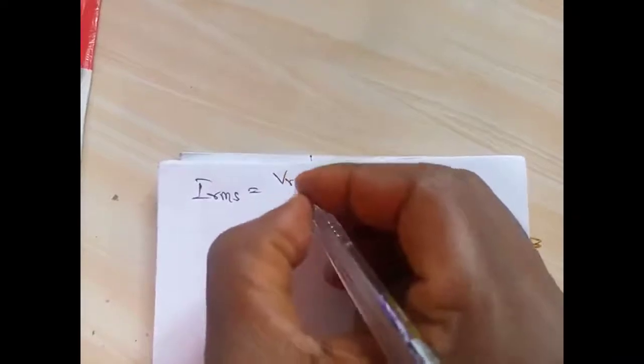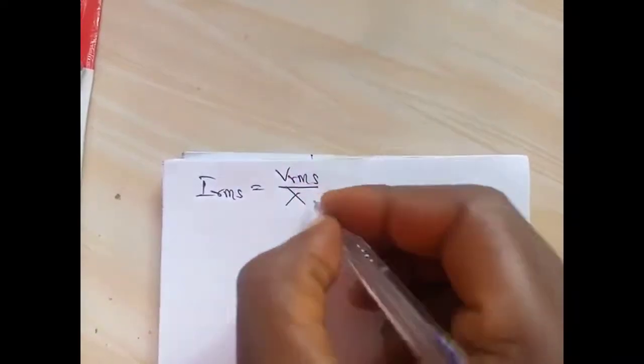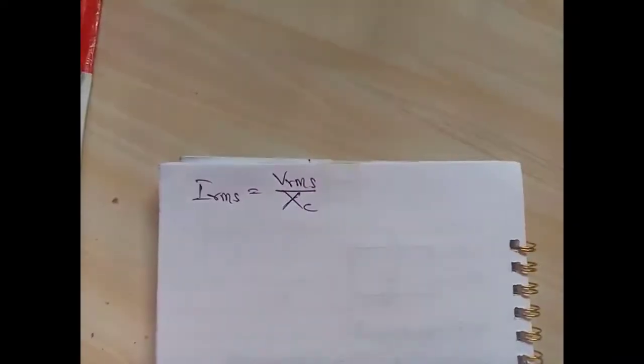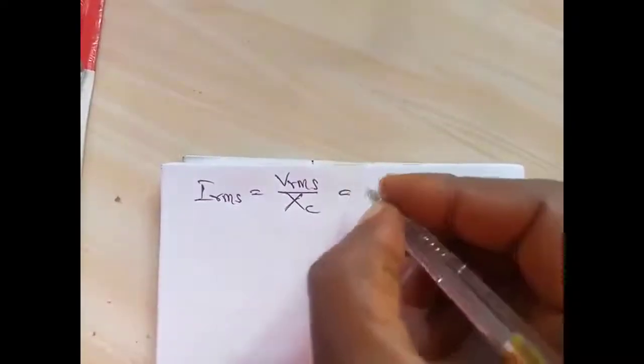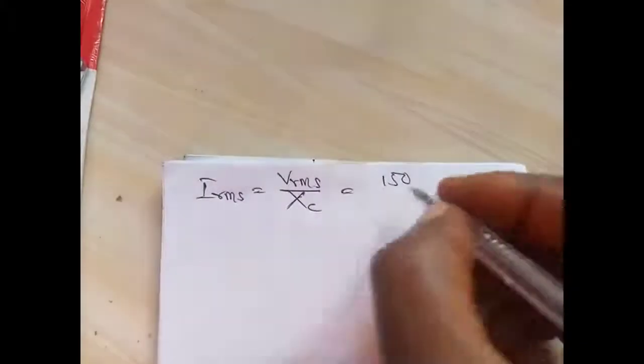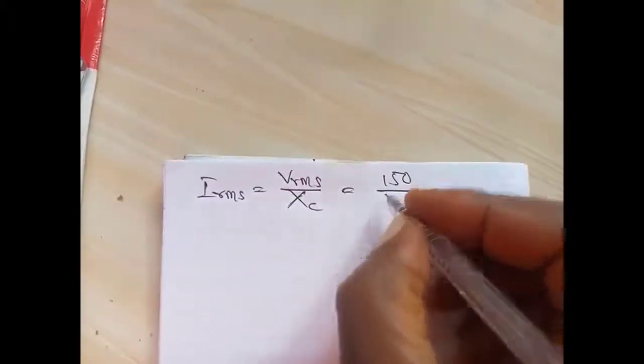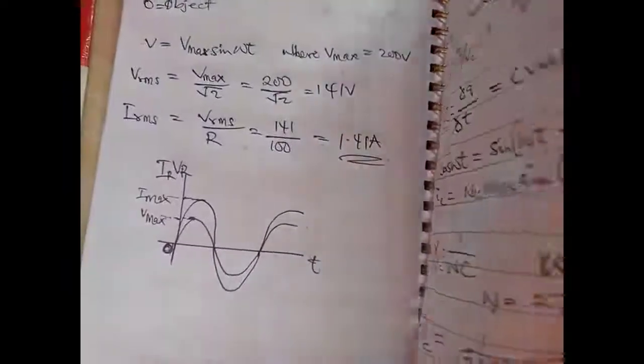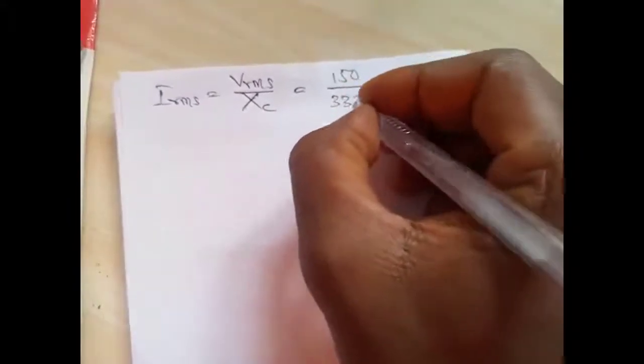And for us to get the RMS current, the root mean square current, it is given as V root mean squared over capacitive reactance, which is equal to 150 volts from the question over what we calculated before, which was 332 ohm.